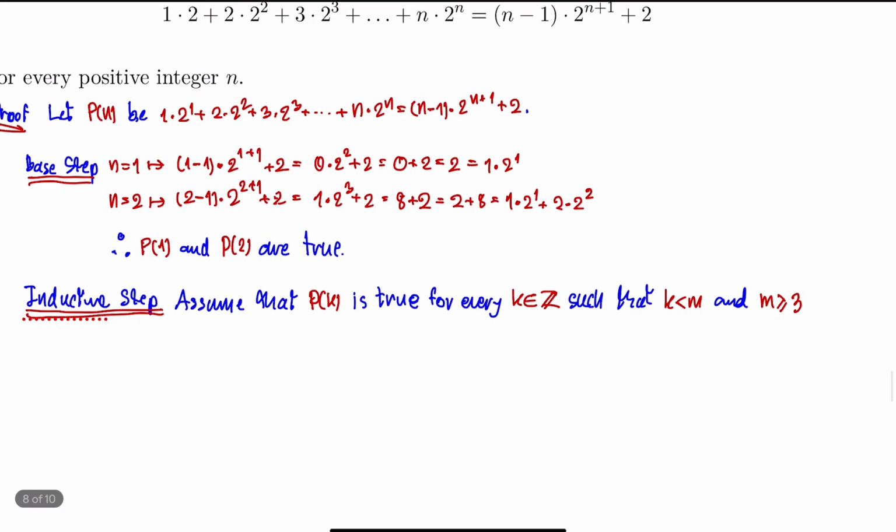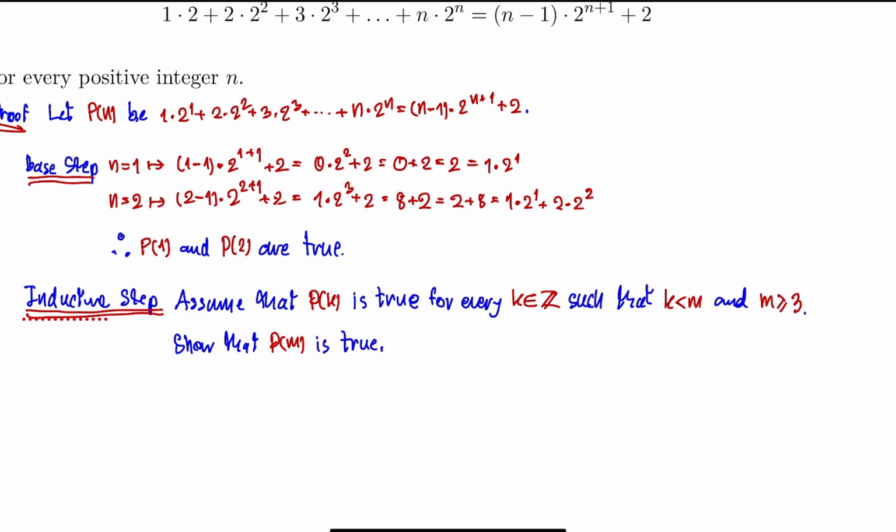Because we already have the cases where P1 and P2 are true, I'm trying to show that when m is greater than or equal to 3, and we assume that, we have to try to show that P of m is true.